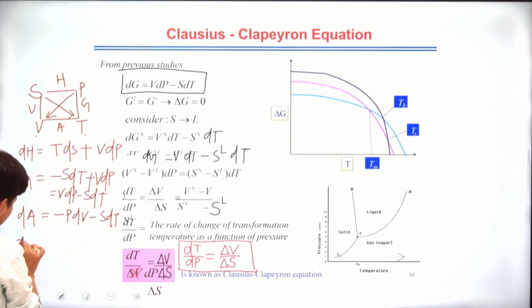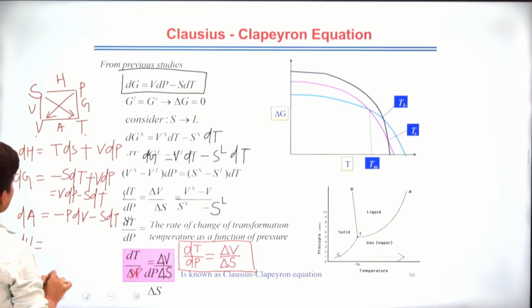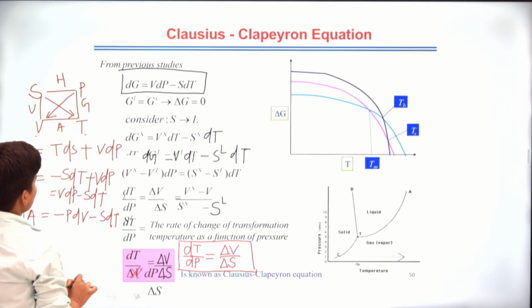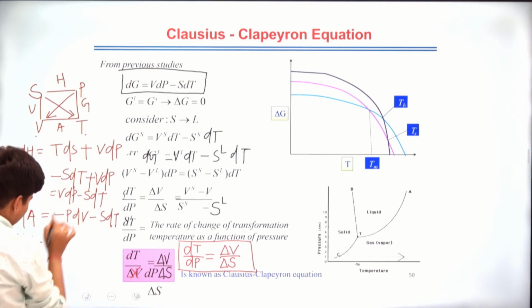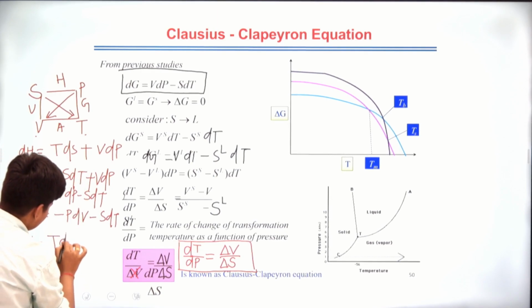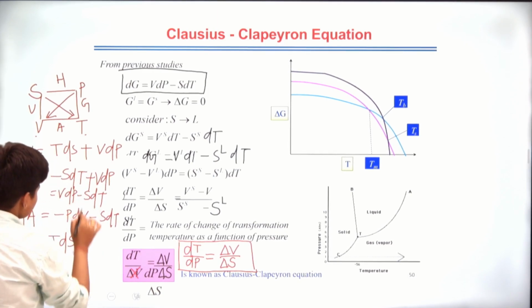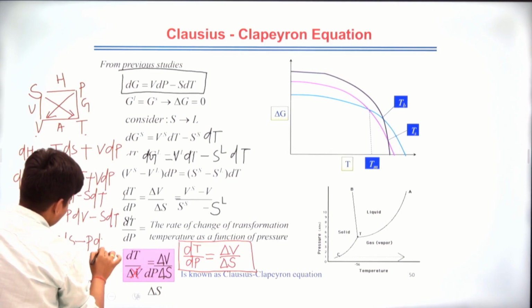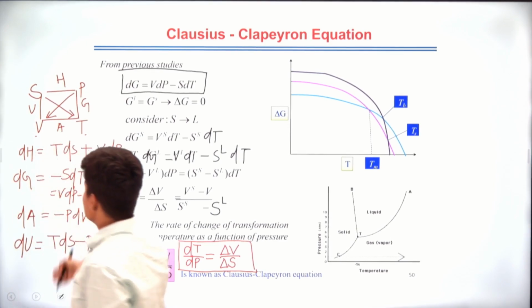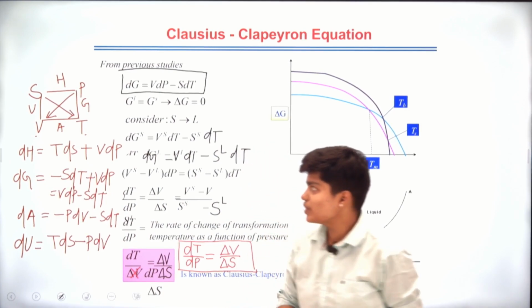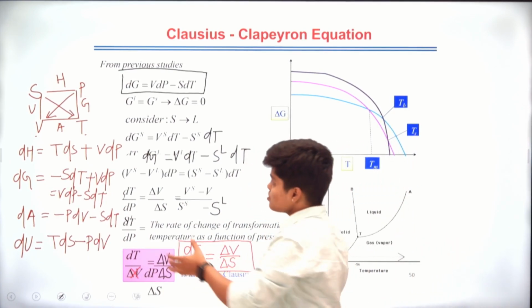Now the fourth one is internal energy, that is dU. For dU, the opposite corners are P and T. So T is towards the head, so it will be written as positive T dS minus P dV. So these four equations we can derive from this small trick.